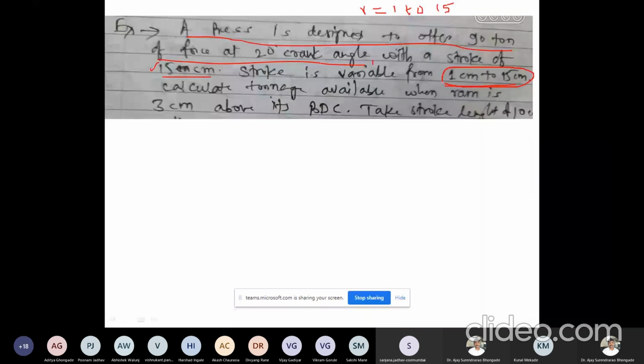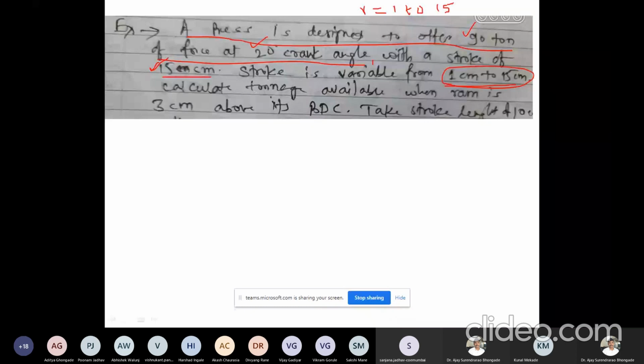The force we got is 90 ton when theta equals 20 degree and when the stroke is 15 centimeter, right? So if we keep the stroke different, we will get a different value of the force. So whatever 90 tons we are getting, it is for a 20-degree crank angle and for a stroke length of 15 centimeter. Now stroke length can vary.